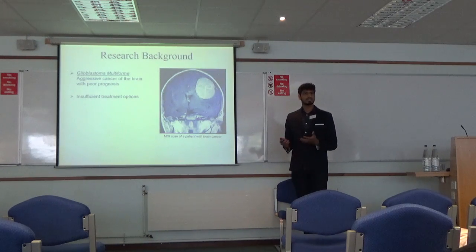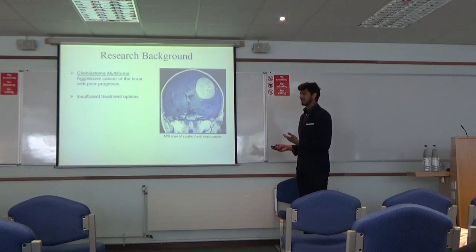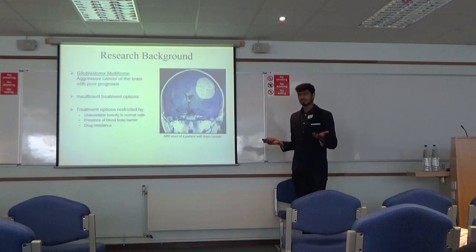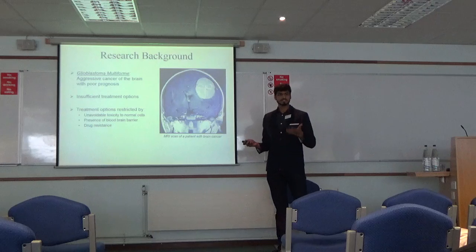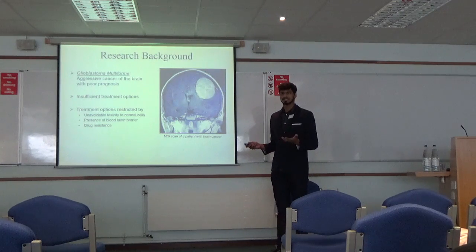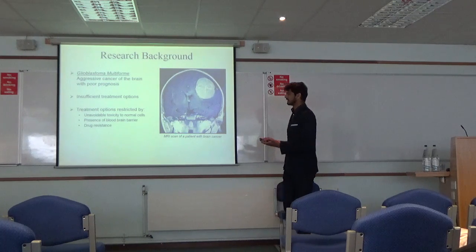Treatment options are surgery, chemotherapy, and radiotherapy. And they are not enough because they are restricted by unavoidable toxicity to normal brain cells. That causes different side effects like headaches, nausea, and immunosuppression: your immunity decreases and you're unable to do any work because of the treatments.